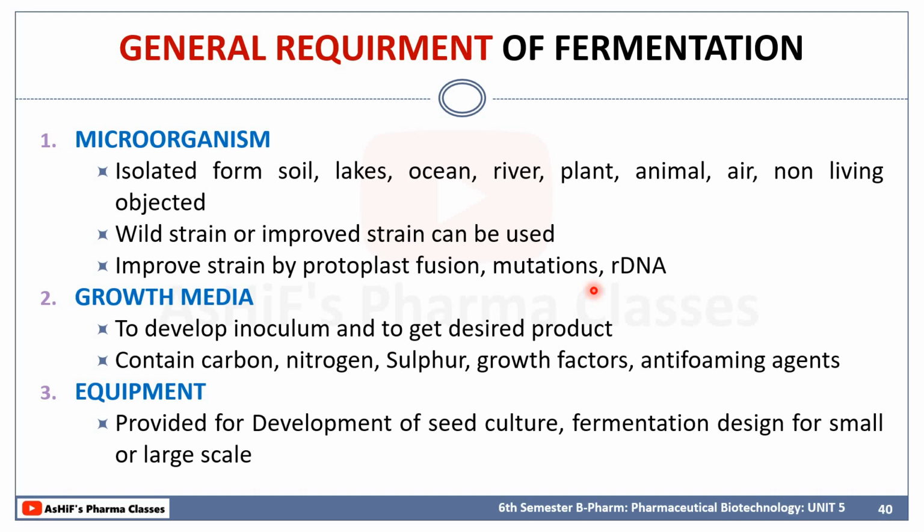So we will go for cheaply available natural products, like sometimes we will use starch for production of alcohol, sometimes molasses for the production of alcohol. These are some of the natural products we can use.